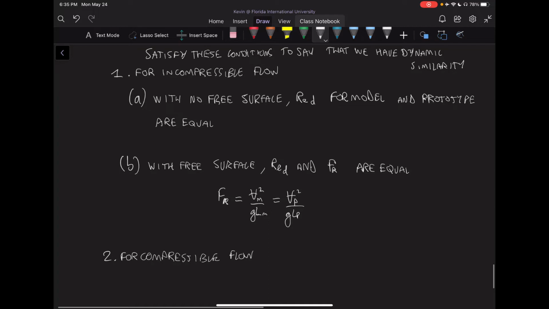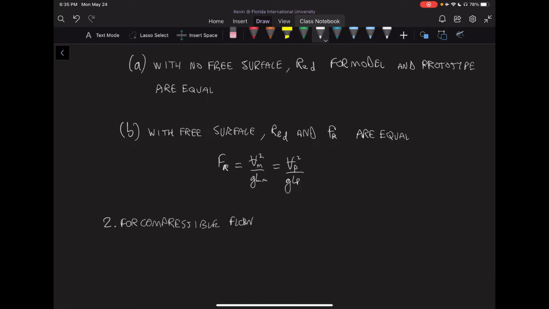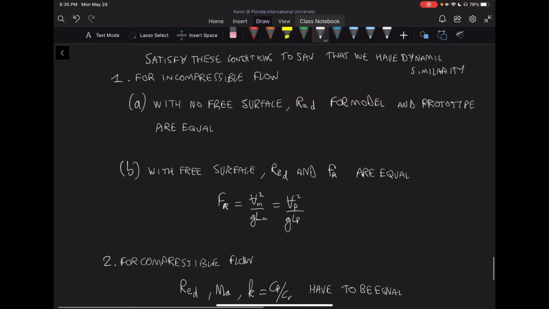We need to say that the Reynolds number should be equal, the Mach number has to be equal between model and prototype, and k, which is equal to Cp over Cv, also has to be equal in order to satisfy that we have dynamic similarity between a model and a prototype. So those are the three things that have to be applied.